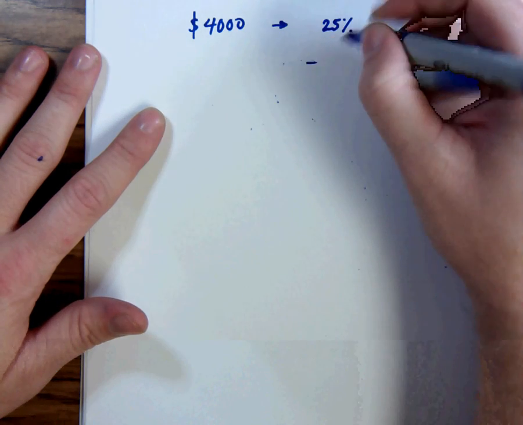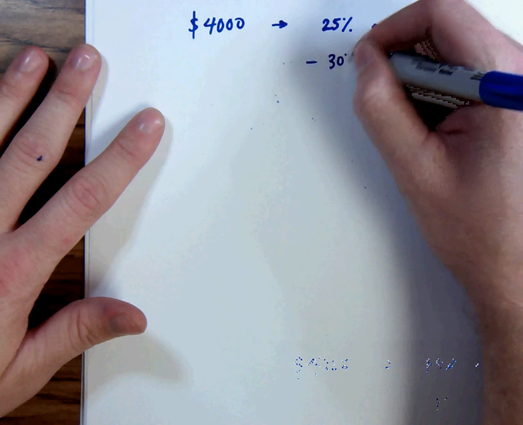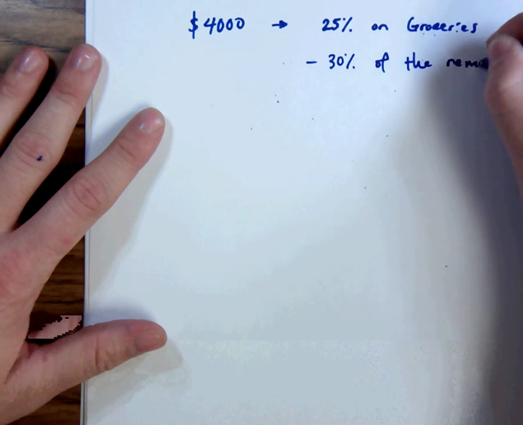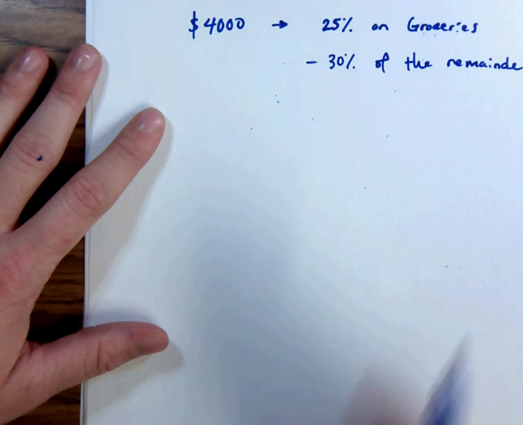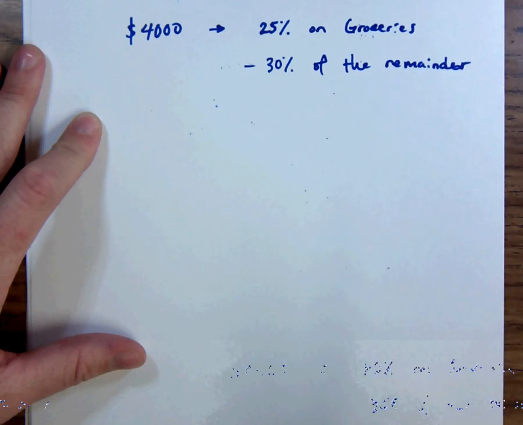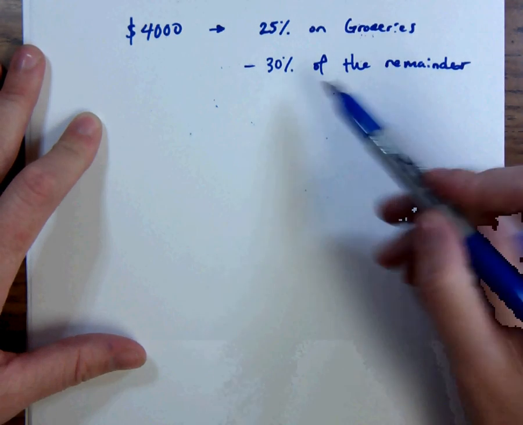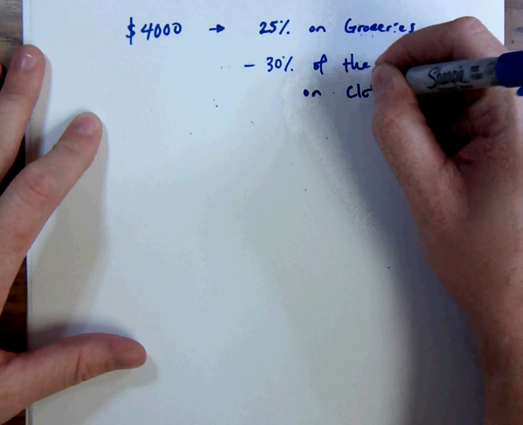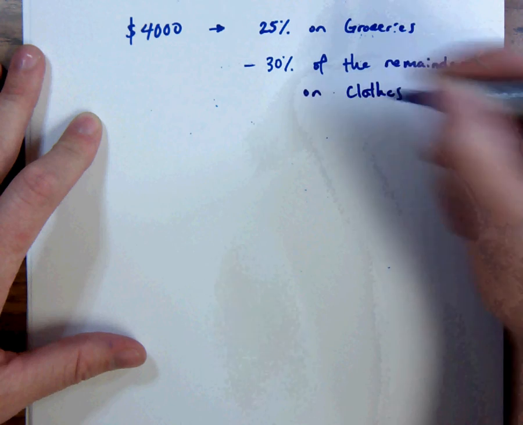And you spend 30% of the remainder, basically what you have left after you've taken 25% off and spent that on groceries. So 30% of the remainder on clothes or entertainment, doesn't really matter, clothes.